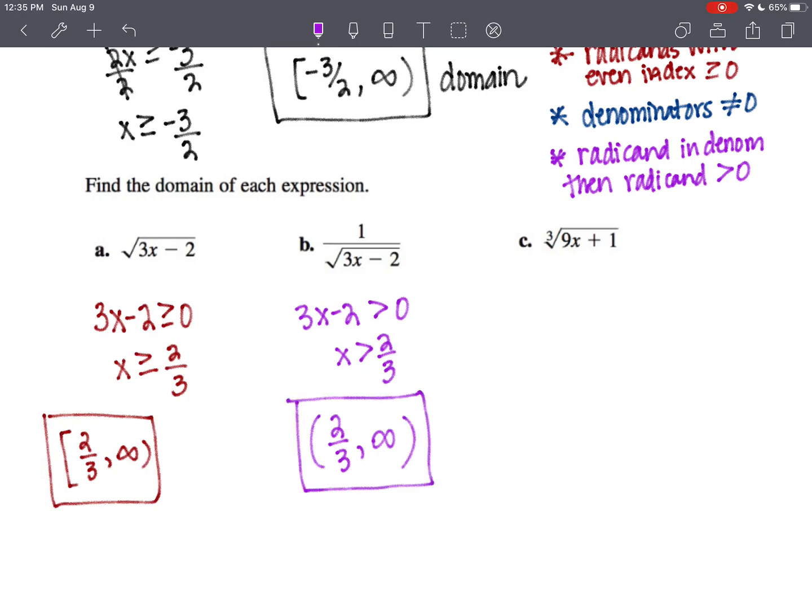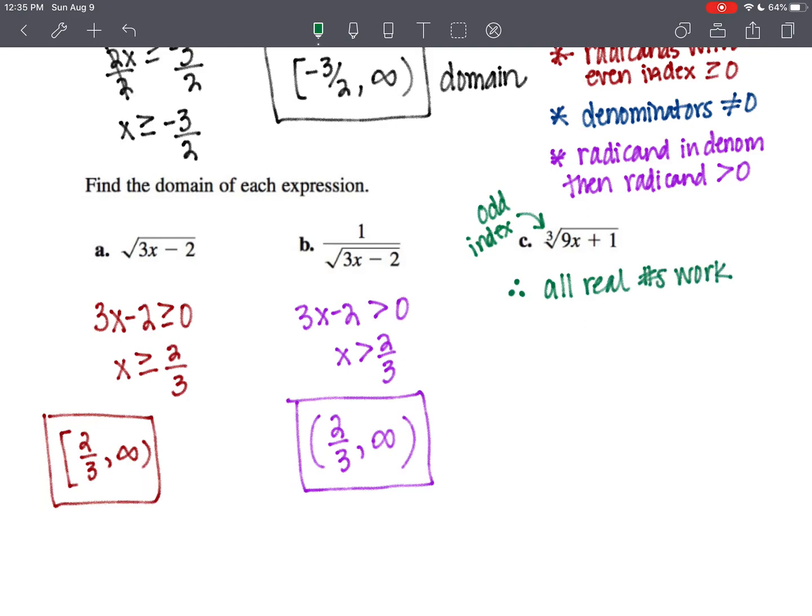Excellent. Now here we have the cubed root of 9x plus 1. This cubed root is an odd index. An odd index, as you'll recall from previous algebra classes, means that your radicands can be positive and negative. Therefore, all real numbers work.